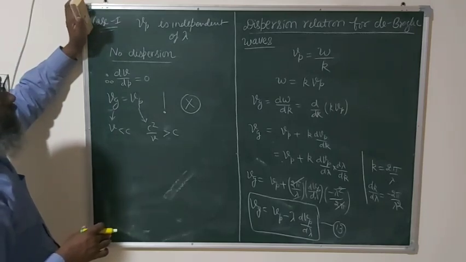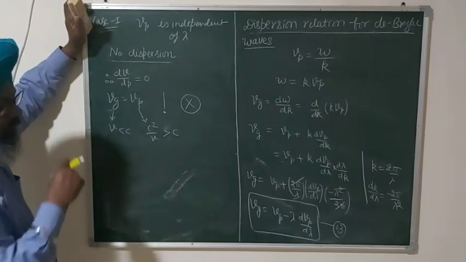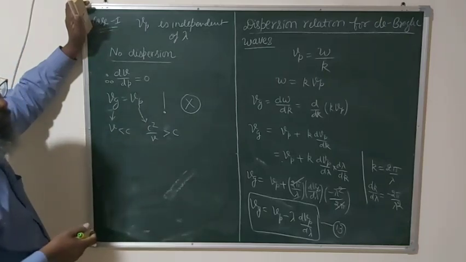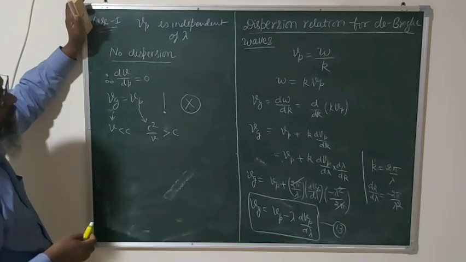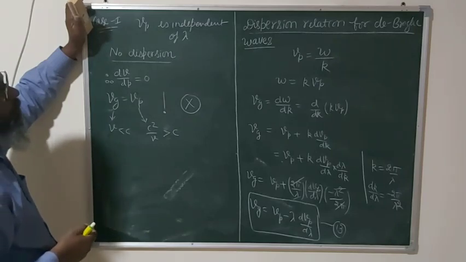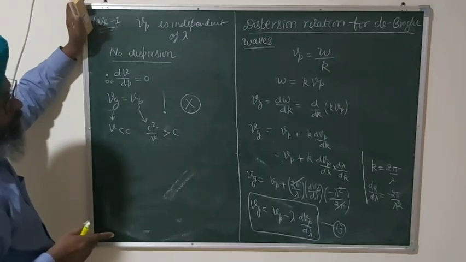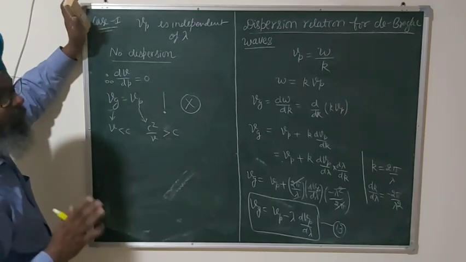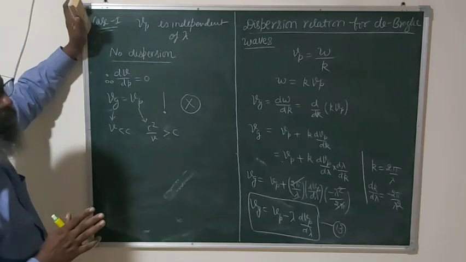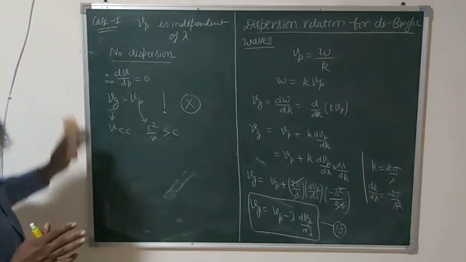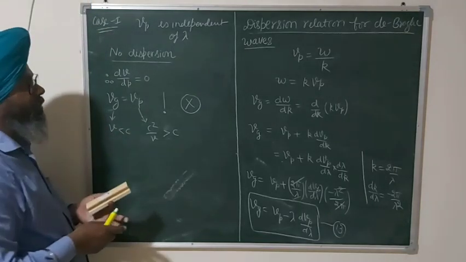If de Broglie waves are in fact reality, attached with a particle, then these must show dispersion. The case of no dispersion is not acceptable to us. De Broglie waves of different wavelengths must travel with different speed.